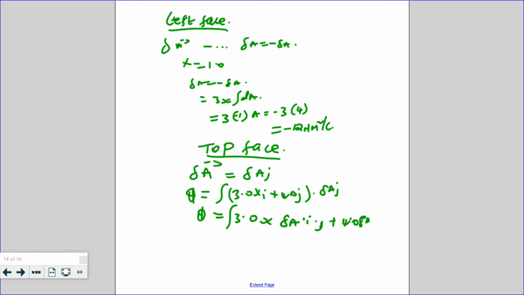The first part is 0, so we are left with 4.0 times the change in the area, which is 4 times 2 squared, giving us 16 newton meter squared per coulomb.